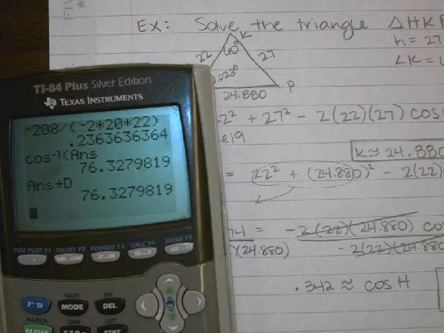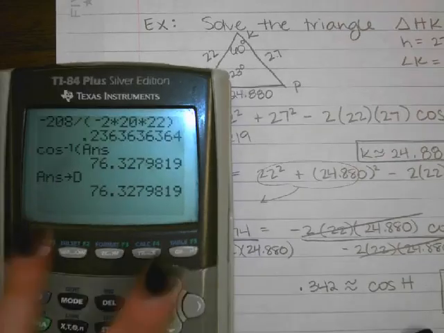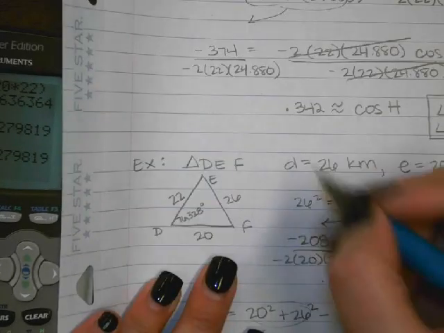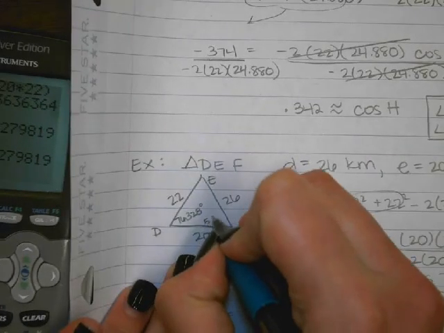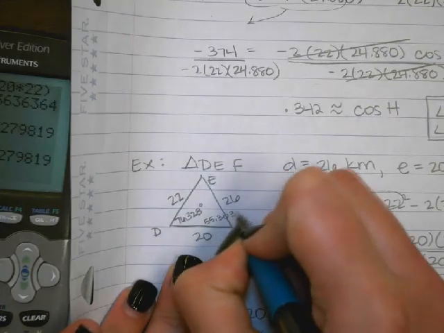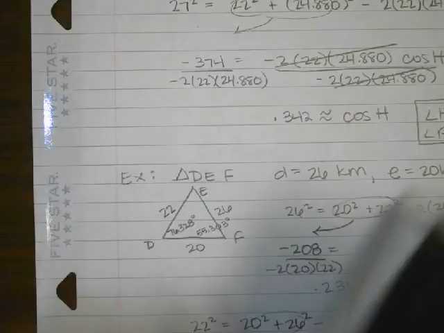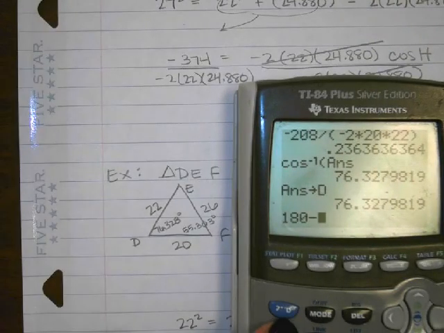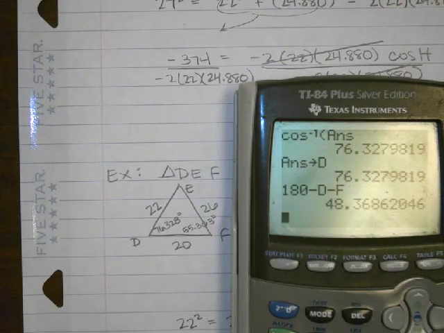Okay, so at this point I have angle D, I have angle F. Angle F was 55.303. And so now to find angle E, I'm going to do 180 minus angle D minus angle F. And so I get 48.369 is angle E.